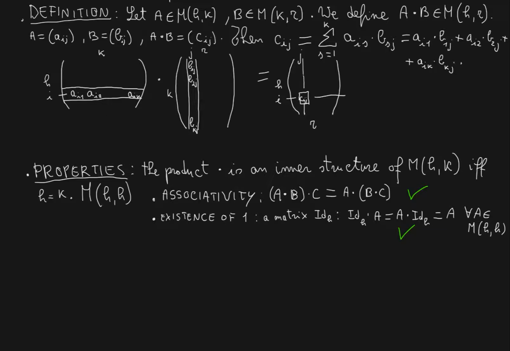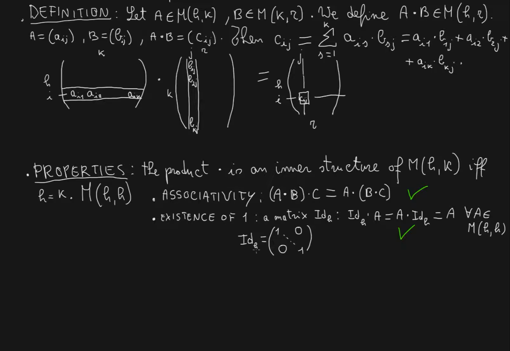Okay, and the answer to this is yes again. Why is that yes again? Because I will present to you what this matrix is. If we take as Id_H the square matrix that has ones along the diagonal, all the diagonal elements are 1, and all the elements above the diagonal are zeros, and all the elements below the diagonal are 0.